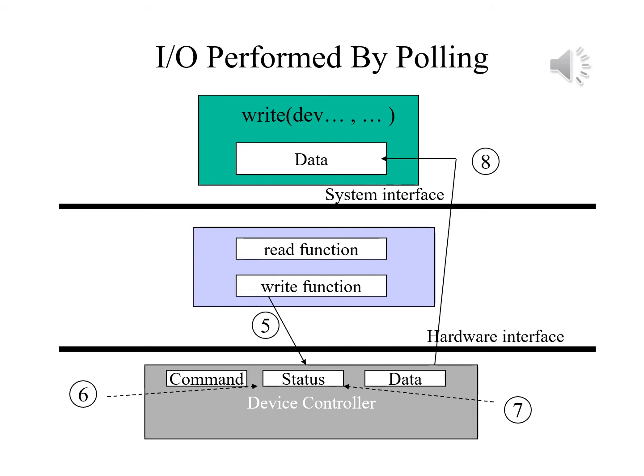The process concludes with step 8, where the data is written back into the memory space belonging to the operation. The biggest problem with this process is that we make the processor wait for the device to be available. Since so many devices are so much slower than the processor, this wastes an enormous amount of time.